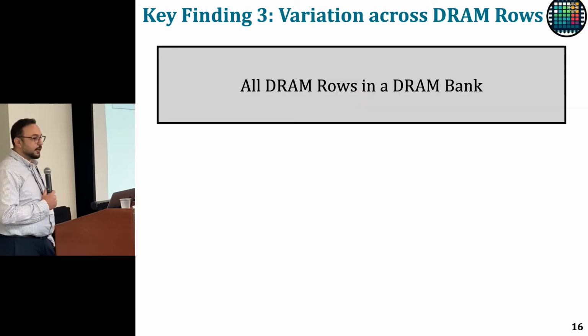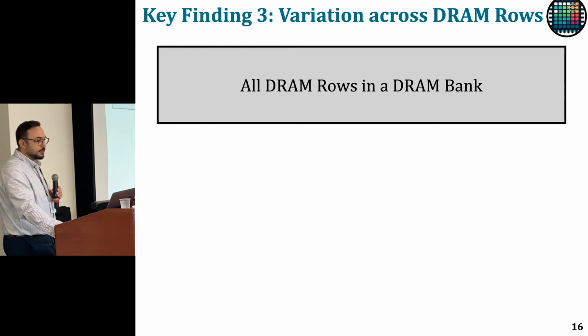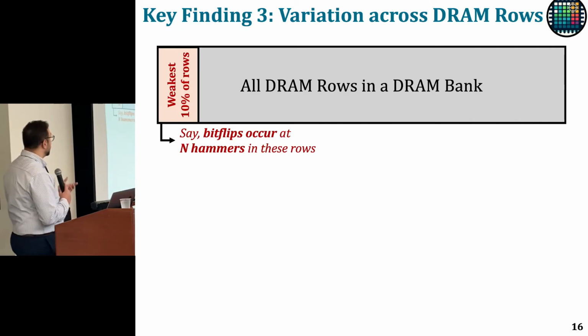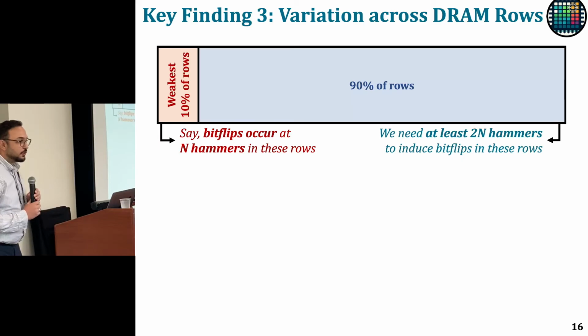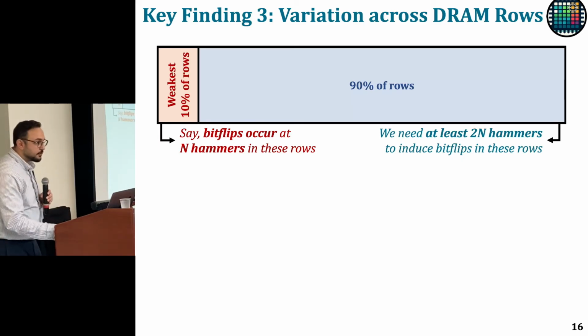The third key finding is about the variation across rows. Let's say that this box here represents all your DRAM rows in a DRAM bank. We observe that if you need n hammers to induce the first bit flip in the weakest 10% of the rows, you need at least double of that hammer count to induce bit flips in the remaining 90% of the rows.